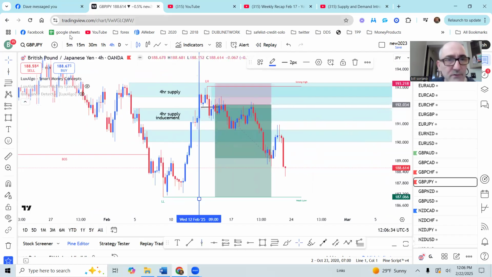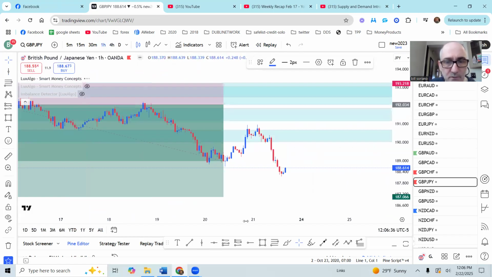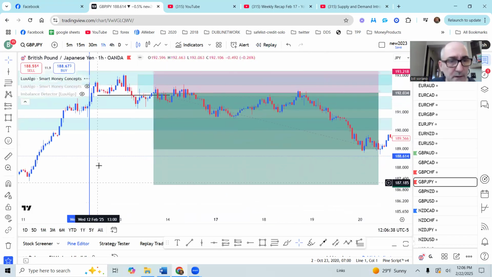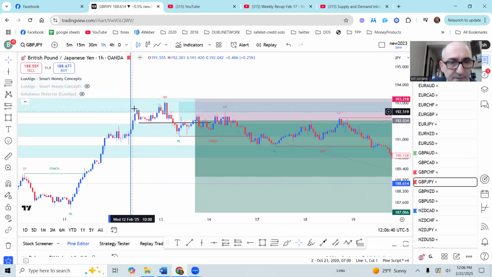So there's our candle right there. Let's drop down to the 1 hour. We could see price come into the zone here, pulls back, goes higher. There's our change of character, comes down, breaks that structure, causing the change of character. That identifies almost the same area right here for us.